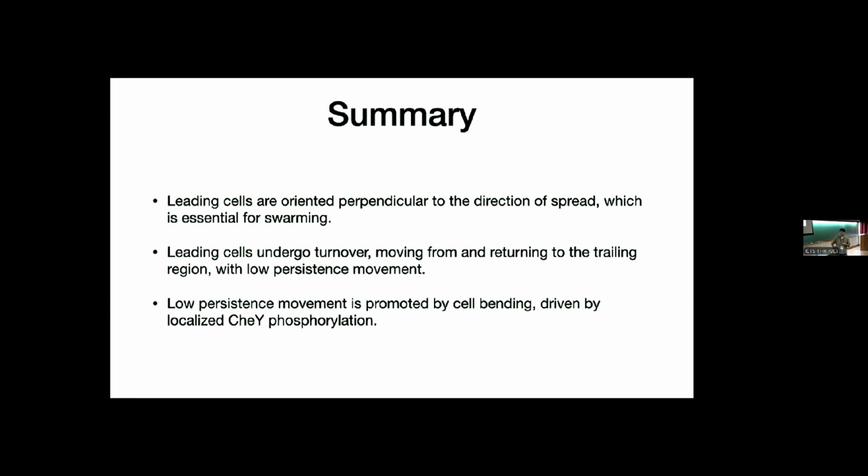This is checked by the CheY localization. Most of the cells have one localized CheY, but in our case there are two, so the poles are two. Both are. Okay, so the head could be either pole, depending on the direction. Yes. Okay, that's excellent. Thank you.